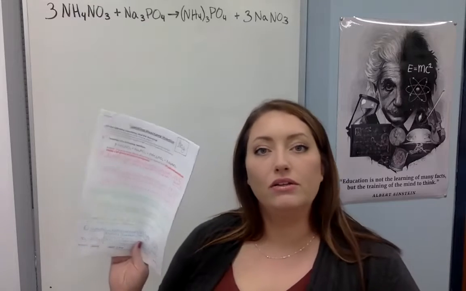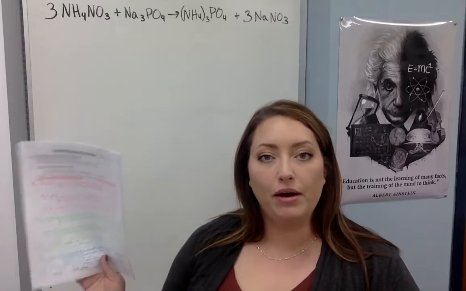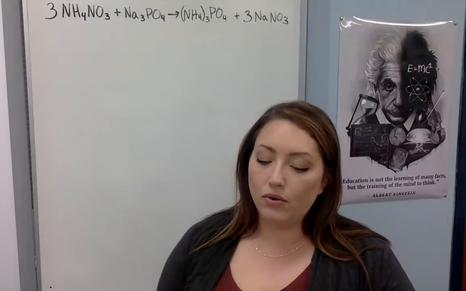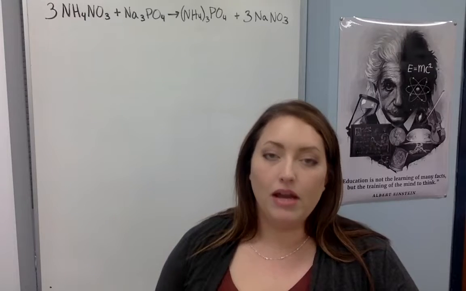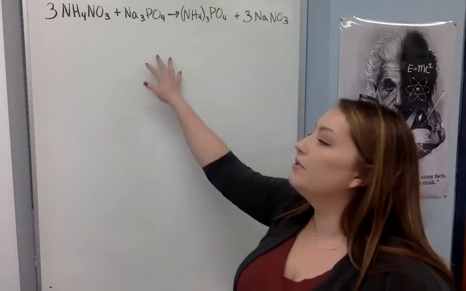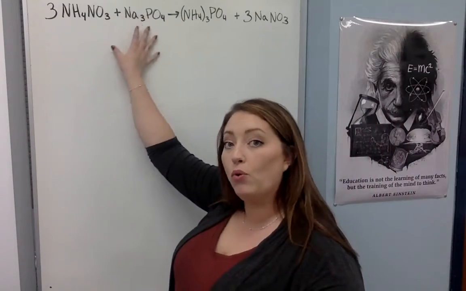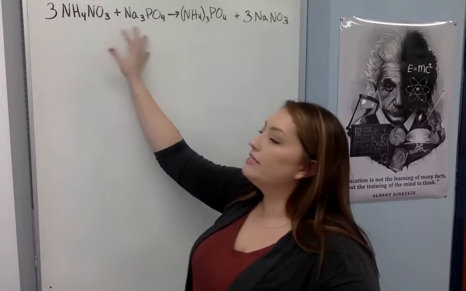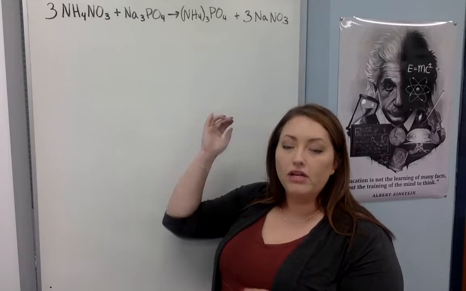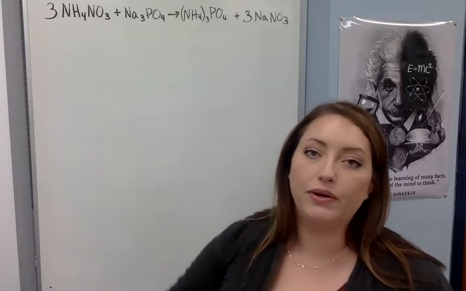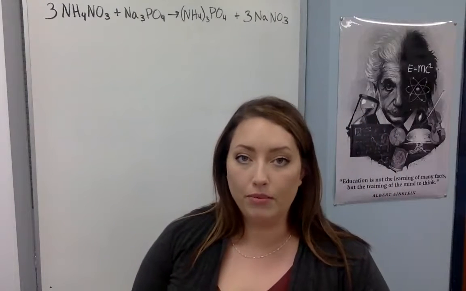So if you guys are looking at your assignment, you should have paper copies today in class. So we are going to find out a couple of things. Whenever we have a chemical equation, we know that we're going to start with a certain amount of both of the reactants, and then that's going to give us some products. So if you think about your lab from last class, you had hydrochloric acid and sodium bicarbonate.